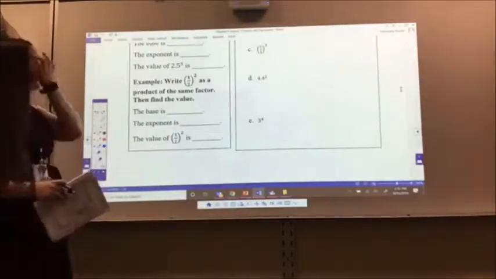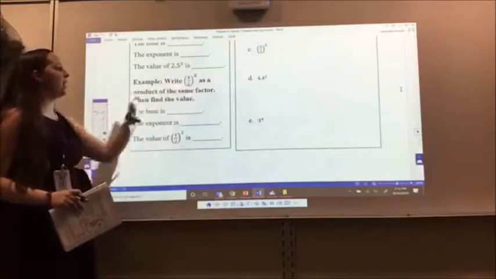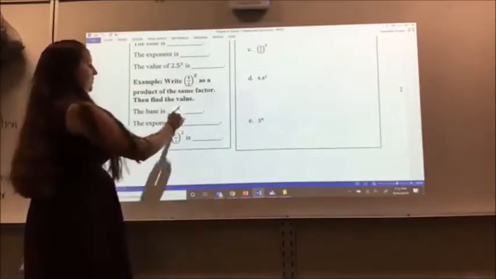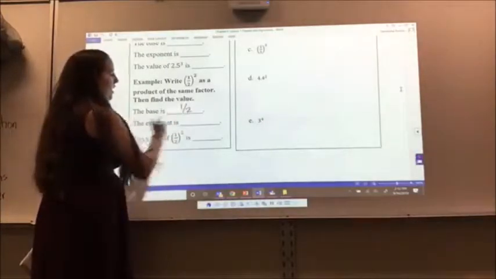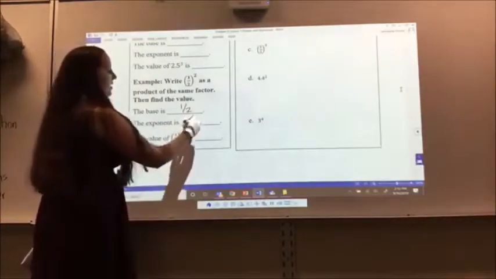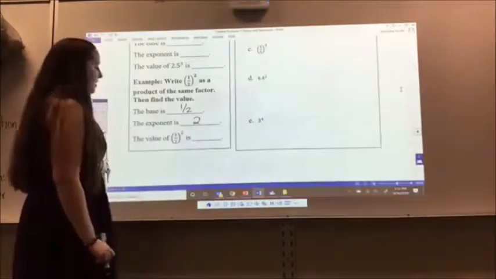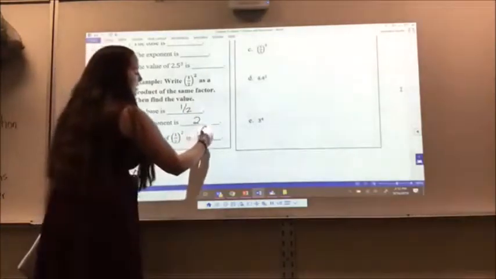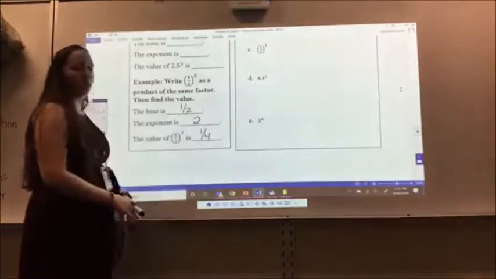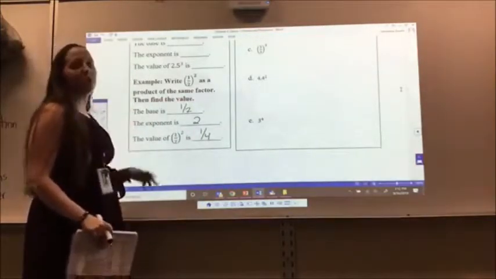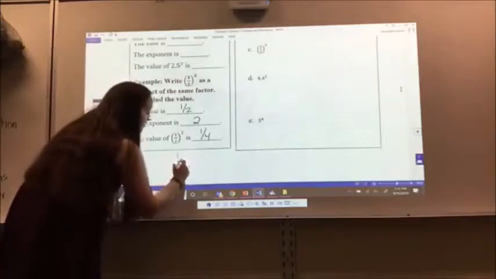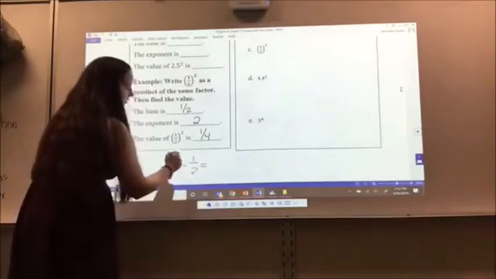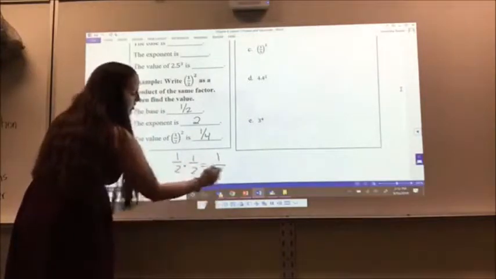Our last example says write 1/2 squared as a product of the same factor, then find the value. So the base for this is 1/2. My exponent is 2. And the value of 1/2 squared, which is 1/2 times 1/2, is 1/4. Remember, when you're multiplying fractions, you're just multiplying straight across. So this will be 1 times 1 gives you the 1, 2 times 2 gives you 4.